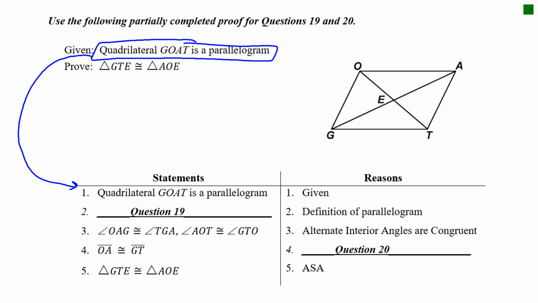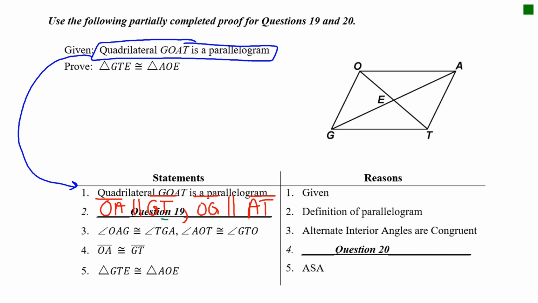So for question number 19, we're going to go with the top side, which is OA. It's going to be parallel to the bottom side, GT. Remember, opposite sides are parallel, so top with the bottom, left with the right. The left side is called OG. It's going to be parallel to the right side, which is AT, by definition of a parallelogram.